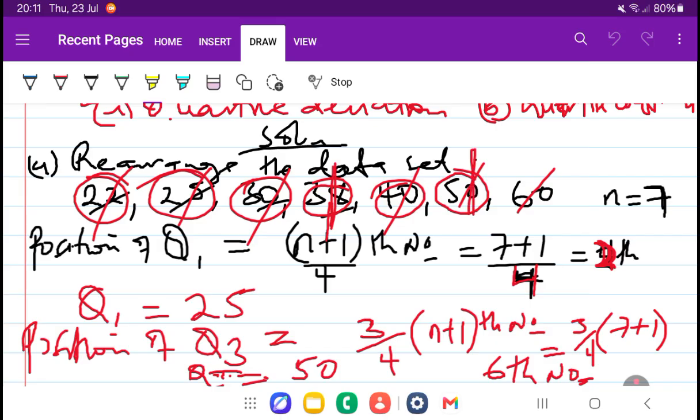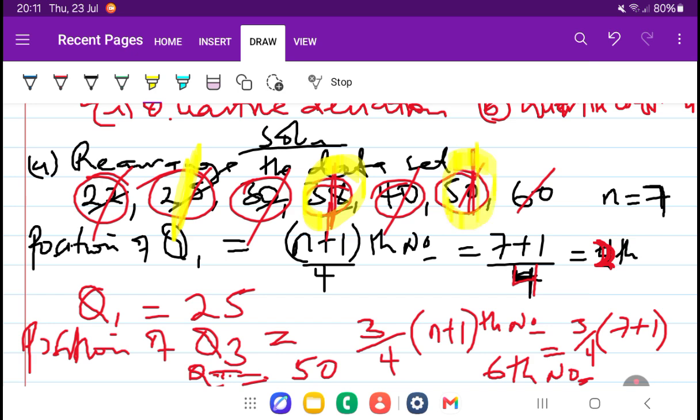In the second half, we will have it here. Then this one will be here. If you have taken this one as your median, this is Q2, then this is Q3, and then finally this is Q1. That is if you are dividing, but it's better to go with the formula.